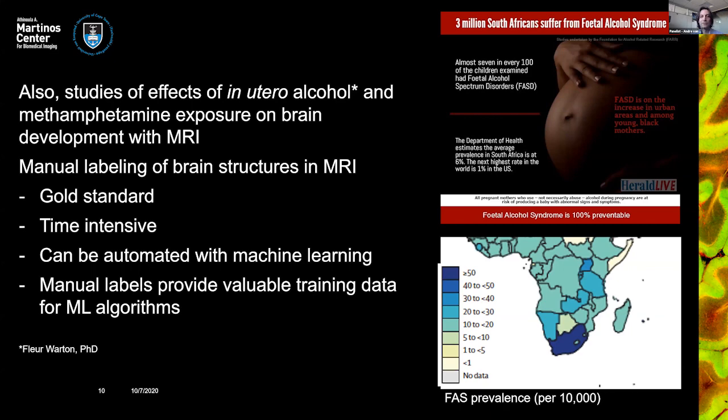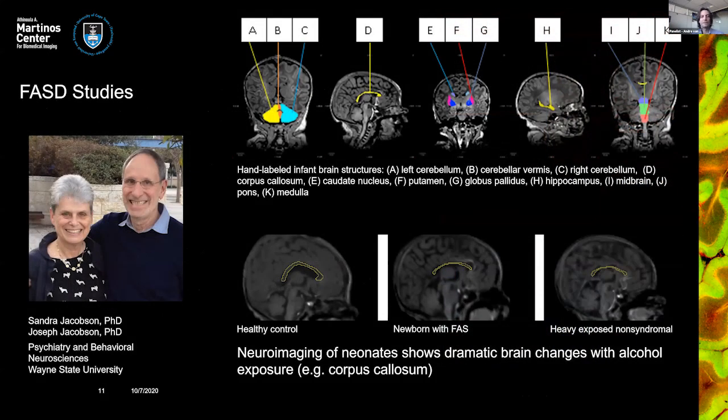The manual labels are extremely valuable for training these machine learning algorithms. And the University of Cape Town has done a lot of this meticulous labeling with their anatomy experts. Fleur Wharton is one of the people doing this work. The fetal alcohol studies are led by Sandra and Joseph Jacobson, who are located at Wayne State University, but they do this work in Cape Town too.